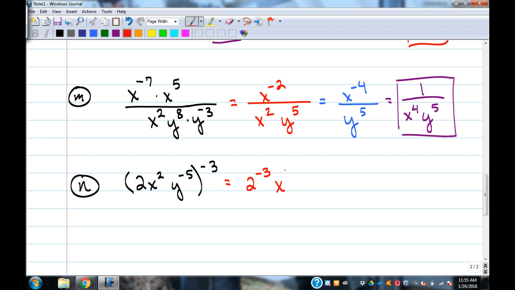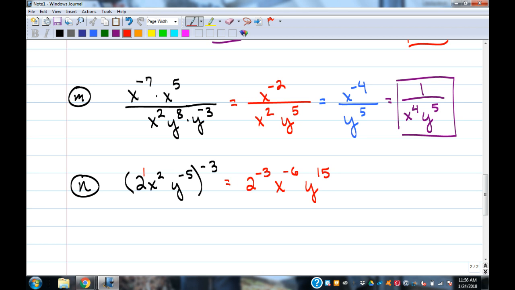X to the, y to the positive 15. When you multiply by a negative, you got to watch your sign. So the exponent on the 2 right now is a 1. So negative 3 times 1, that's the negative 3 that's here. 2 times negative 3, that's the negative 6 that's on the x. And then negative 5 times negative 3 becomes positive 15.